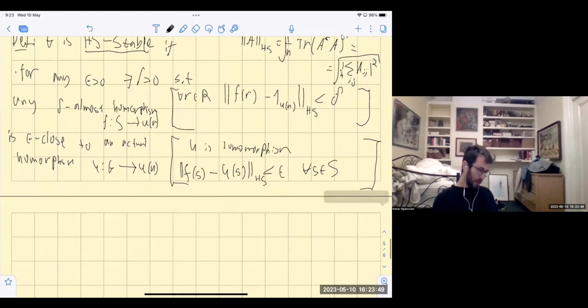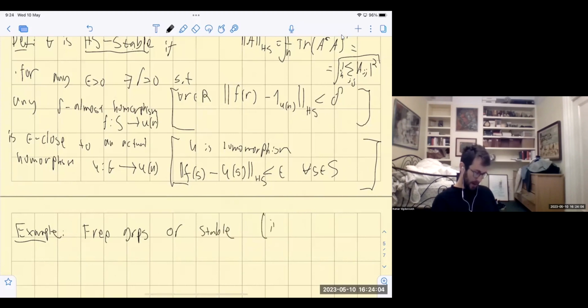Okay. So examples. Free groups are stable, in a vacuous sense. Well, a free group is generated by a set with no relations, so there's nothing to satisfy.